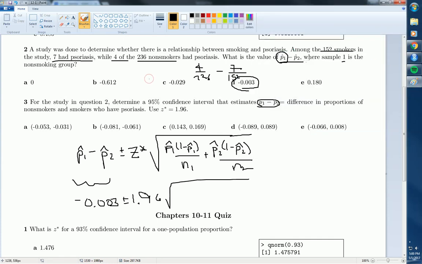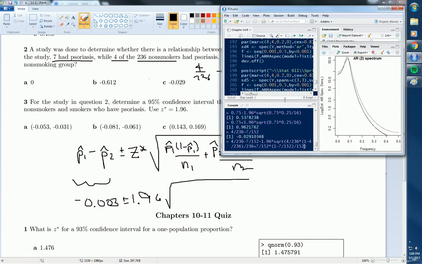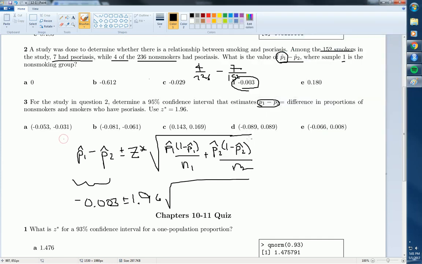It is 152, right? Yes. So you get minus 0.067 on the low side. On the high side, you get 0.008. That is choice E.